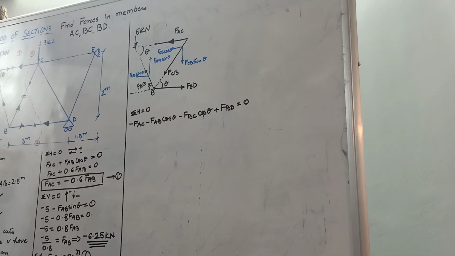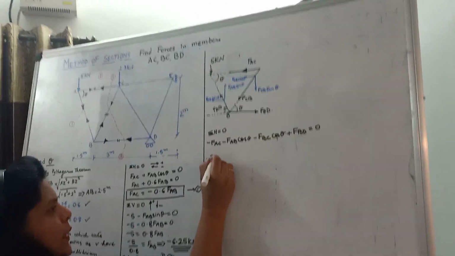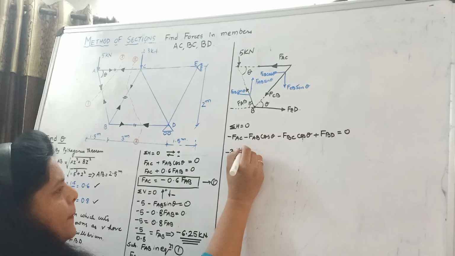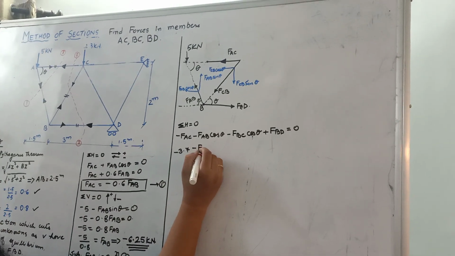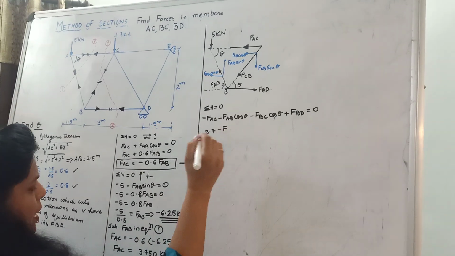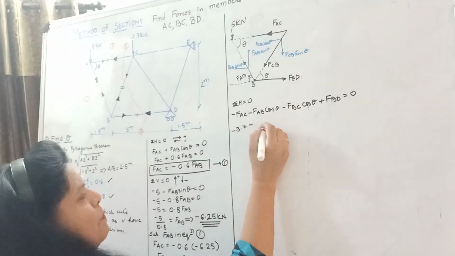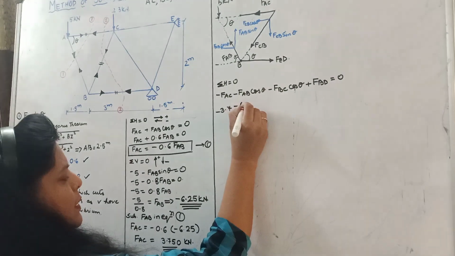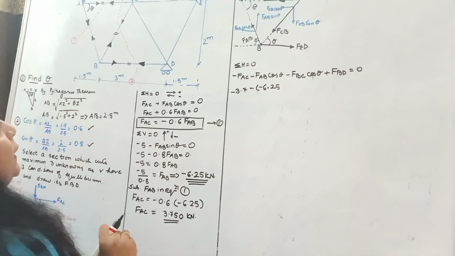Now we have calculated the value of FAC. So minus 3.7 minus FAB. Have we calculated AB? Yes, we have calculated AB. And what is the value of AB? 6.25. So minus 6.25 into what is cos theta?